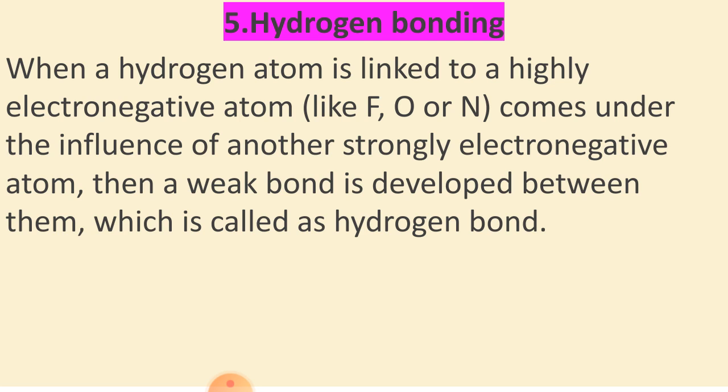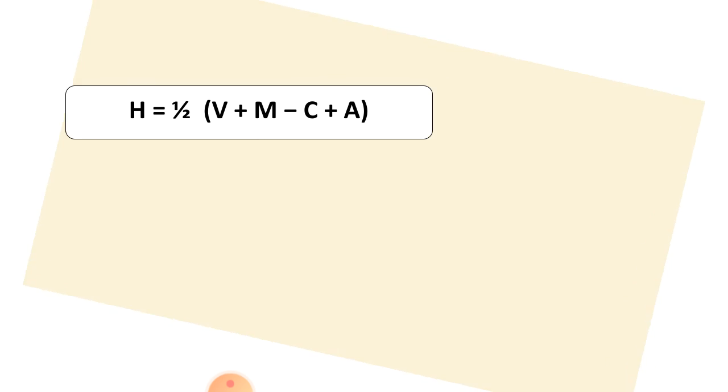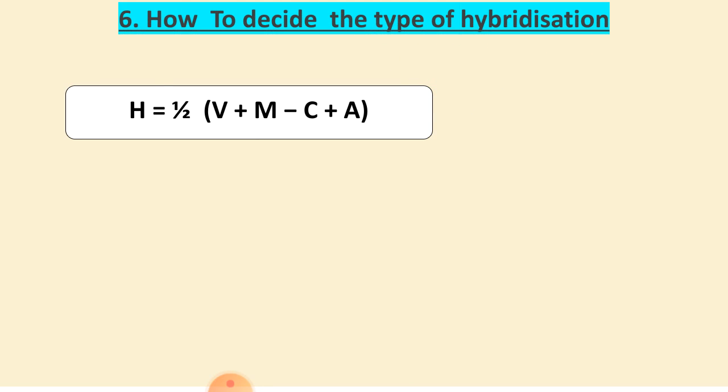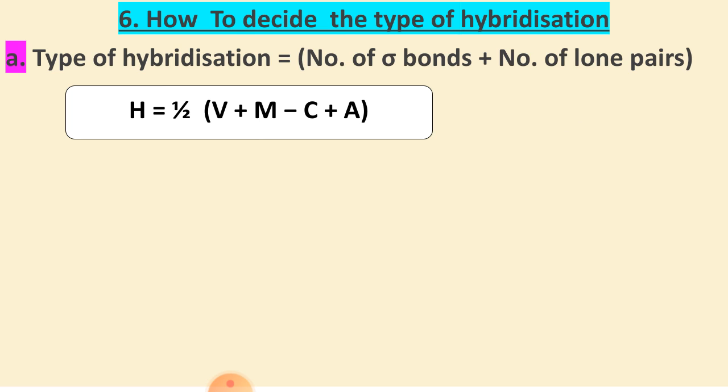So now, dear students, the next topic you have to know is how to decide the type of hybridization. So the first method: type of hybridization equals number of sigma bonds plus number of lone pairs.